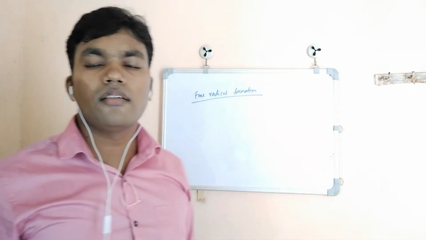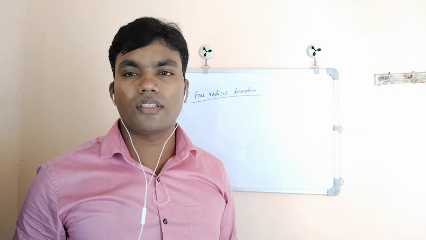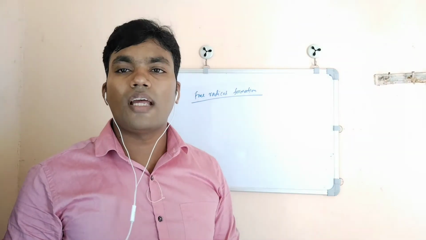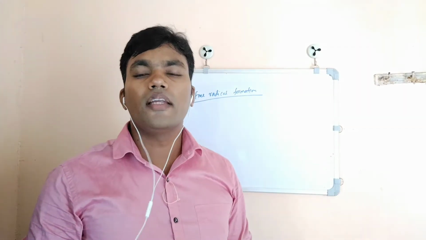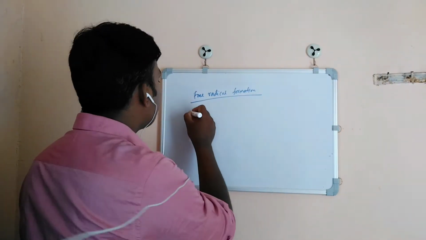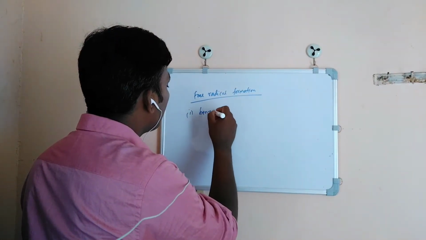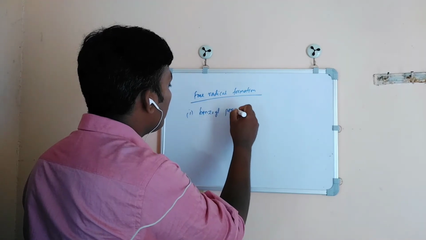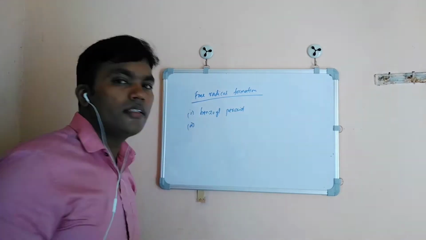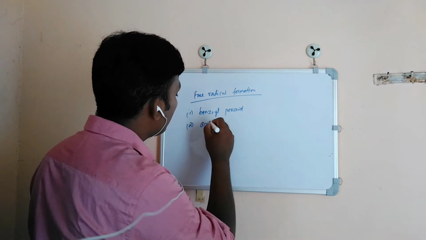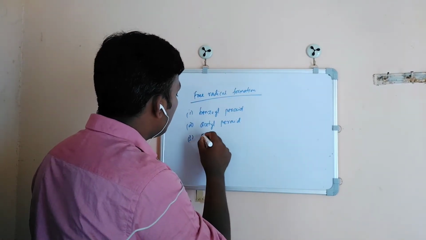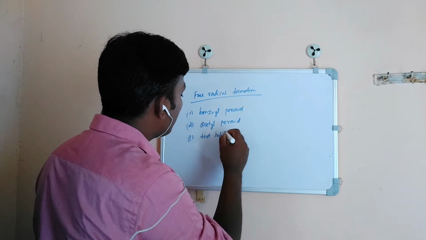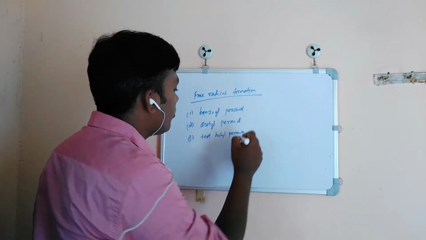How can the free radicals be generated during the reactions? For this we need to add some catalyst, for example, benzoyl peroxide, acetyl peroxide or tert-butyl peroxide.